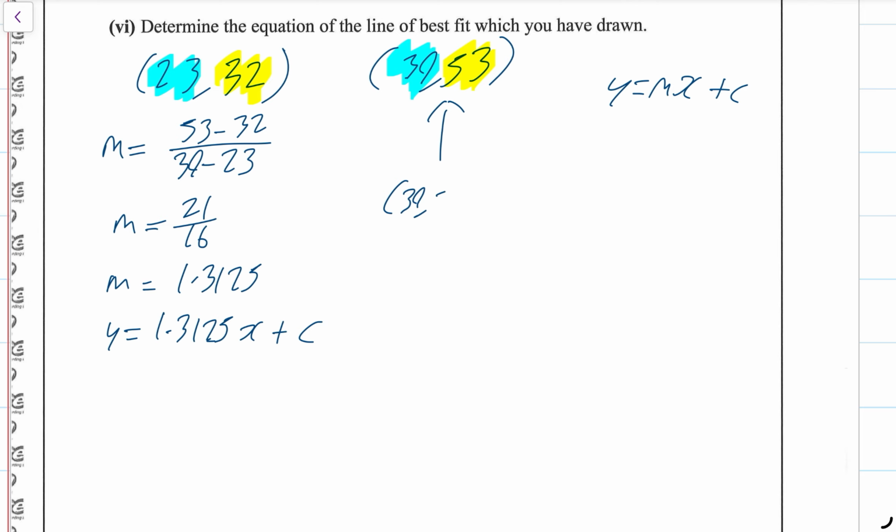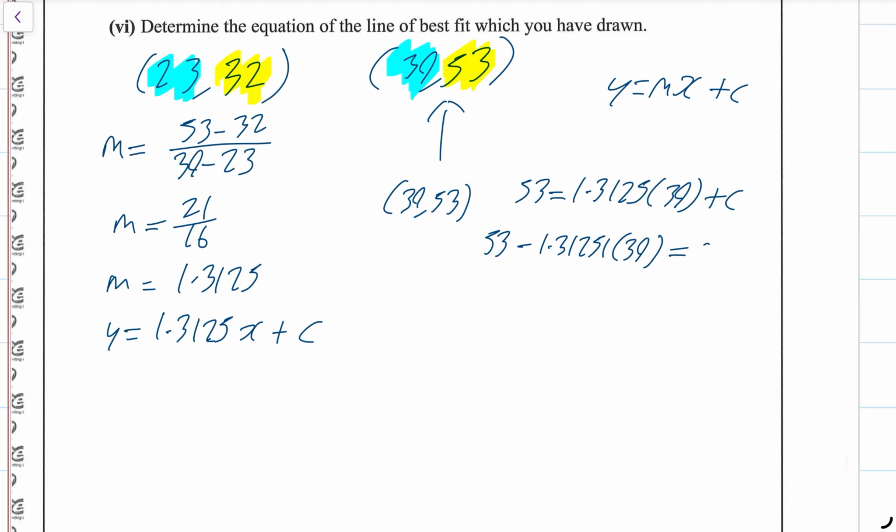So 39, 53. So 53 is equal to 1.3125 times 39 plus c. That means 53 minus 1.3125 times 39 is equal to your c. Your c works out to be 1.8125. So therefore your y is equal to 1.3125x plus 1.8125.